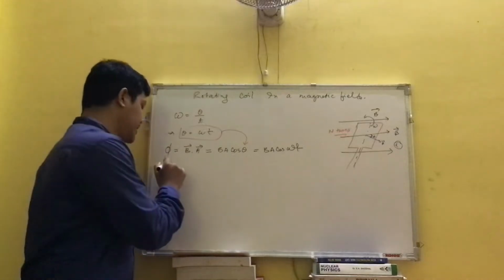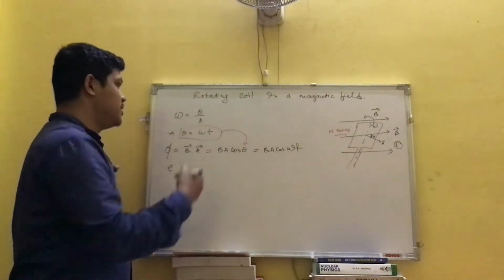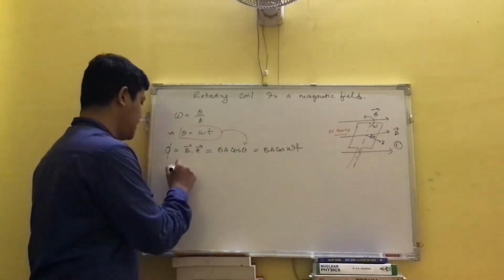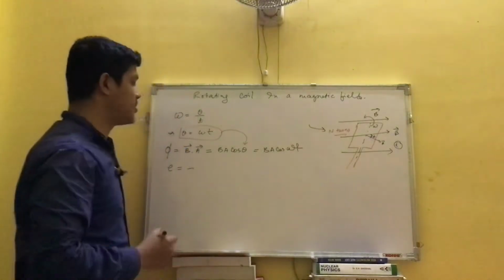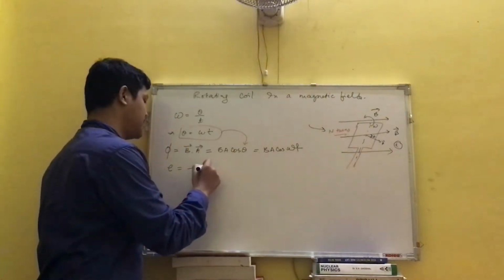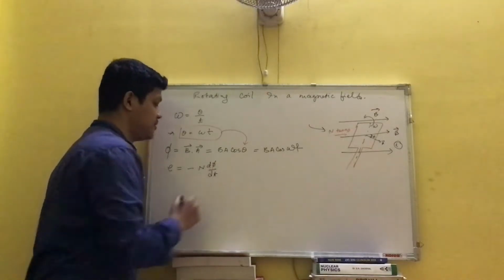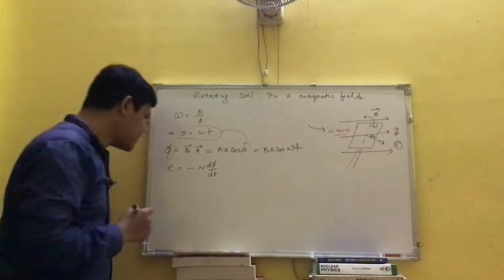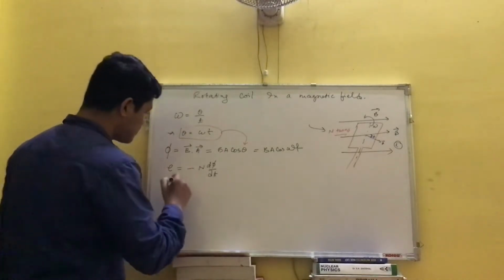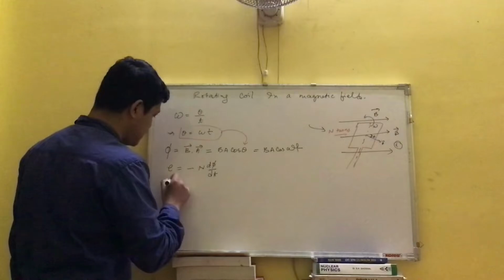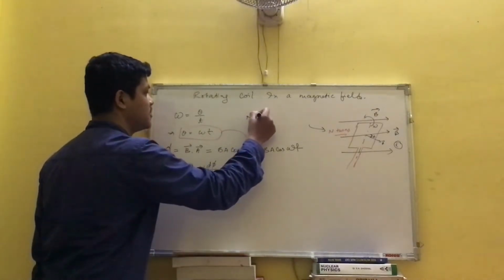Now the EMF induced in this coil, E, is equal to, as there are n number of turns in this coil, minus n d phi by dt. Here n is equal to the number of turns in the coil.